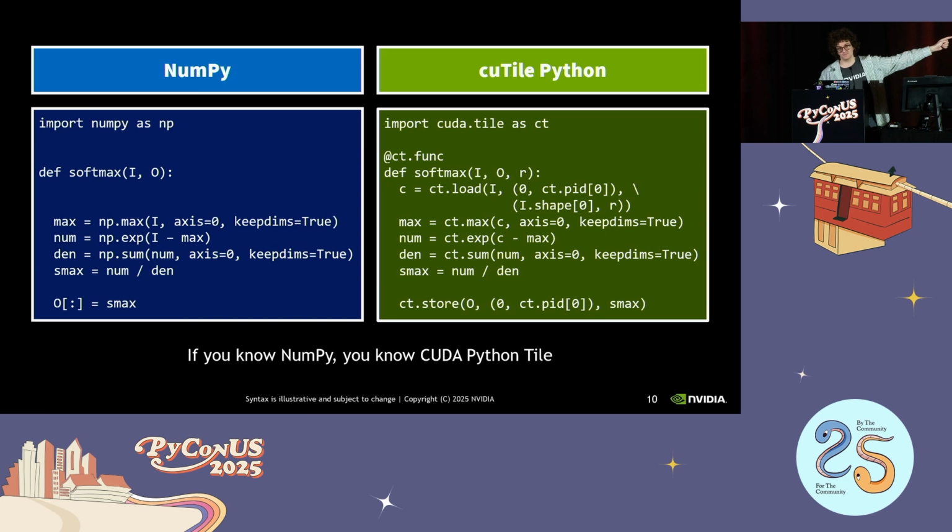On the left is the code you'd write in NumPy. You could write a simpler version of the code in NumPy, but if you want something that's really high level and Pythonic, this is your thing. The CUDA SIMT programming model is still something you'll need to reach for if you need to communicate between threads, because you can't do that in the tile model. But this is probably the answer that you want.